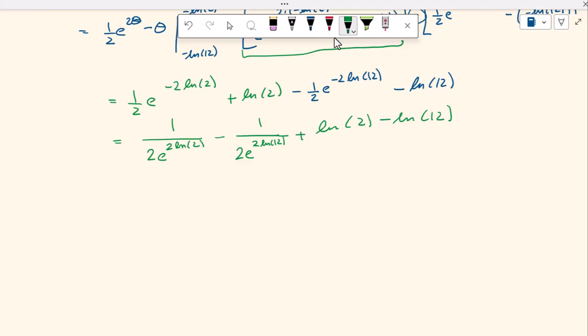Okay, now the 2 that's out front, I can pop that up top on both of these. So 1/2 e to the natural log of 4 minus 1/2 e to the natural log of 144. Okay, now let's look at this. So this is the difference of the logs. I can rewrite that as the quotient. Whoops, not 16, 12.